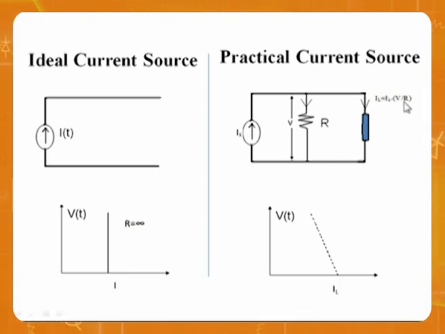Now please look at this. If this VL changes, automatically IL changes. And look at this diagram, this is what is happening. As VL is increasing, or as the voltage is increasing, current is decreasing. And here, if this resistor is open circuit, open means what?